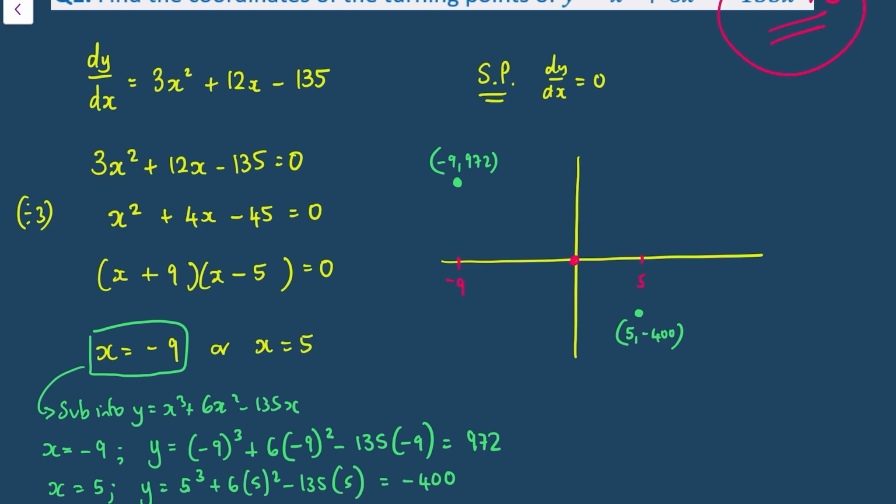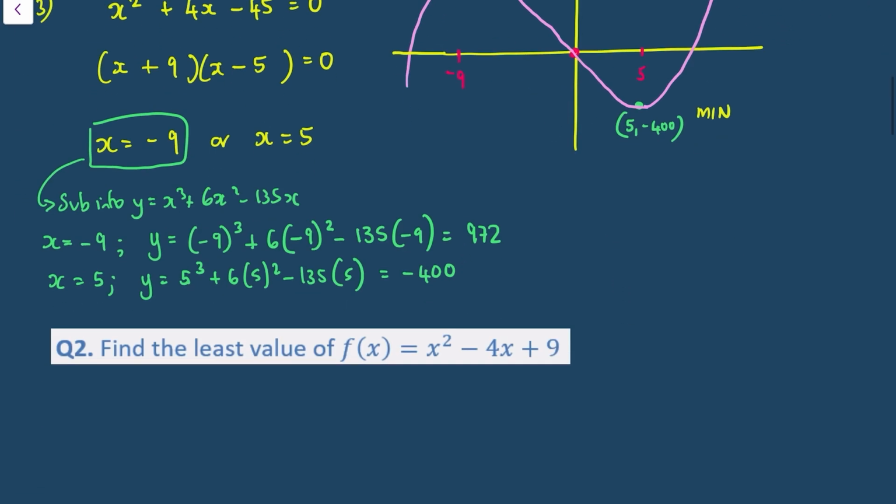It goes through 0, 0. So I'm going to end up with a cubic that is not drawn to scale, obviously, but looks a little something like that. So I've got one maximum point and I've got one minimum point.